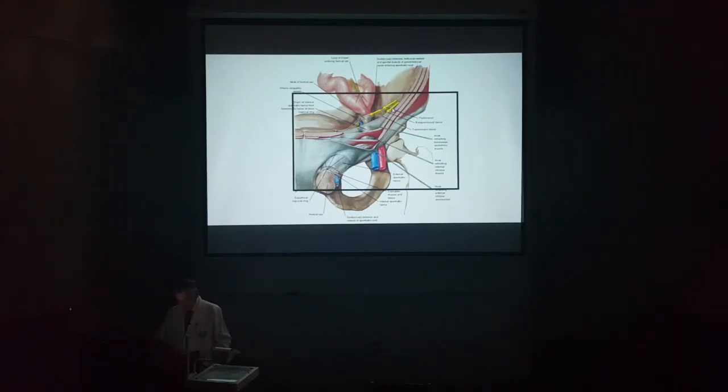This is fascia transversalis, right? And you can see that structures going down to the scrotum are going to pass through this opening in the fascia transversalis. So this is fascia transversalis.